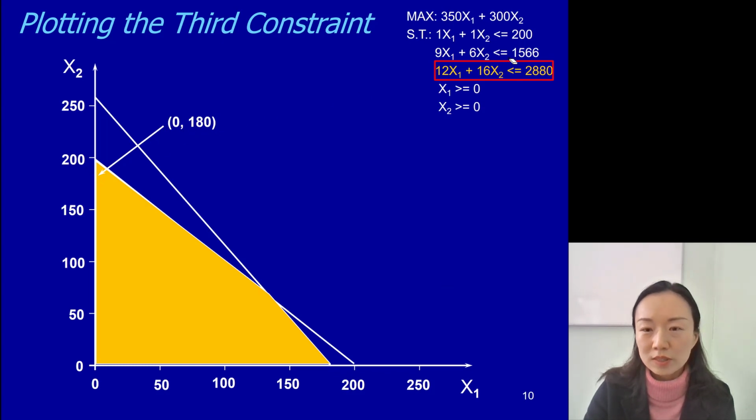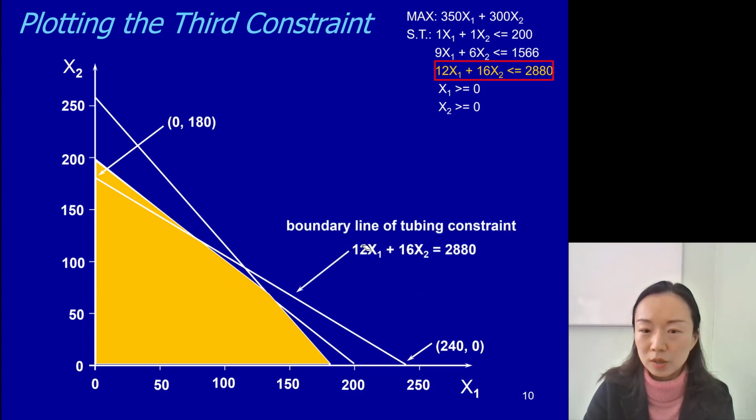Then we set x2 to be 0 to calculate the x1 value. x1 equals 2880 divided by 12, which is 240. So the second point is (240, 0). It's somewhere here. Now we connect these two points, and we get the third line that represents the boundary line of the tubing constraint.